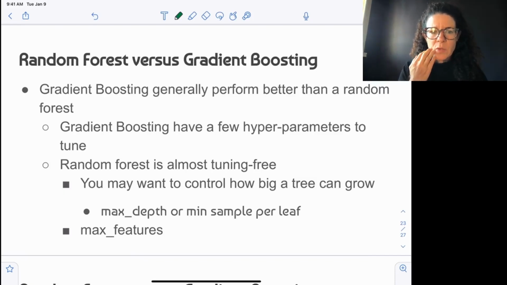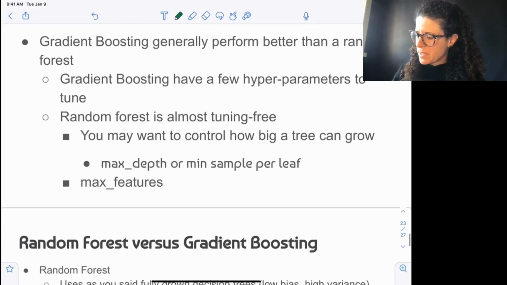Sometimes in random forest you want to control, for example, the maximum number of features, but otherwise it's very easy. For the number of trees, the more the better somehow. But in gradient boosting you have to be more careful with the hyperparameter tuning.